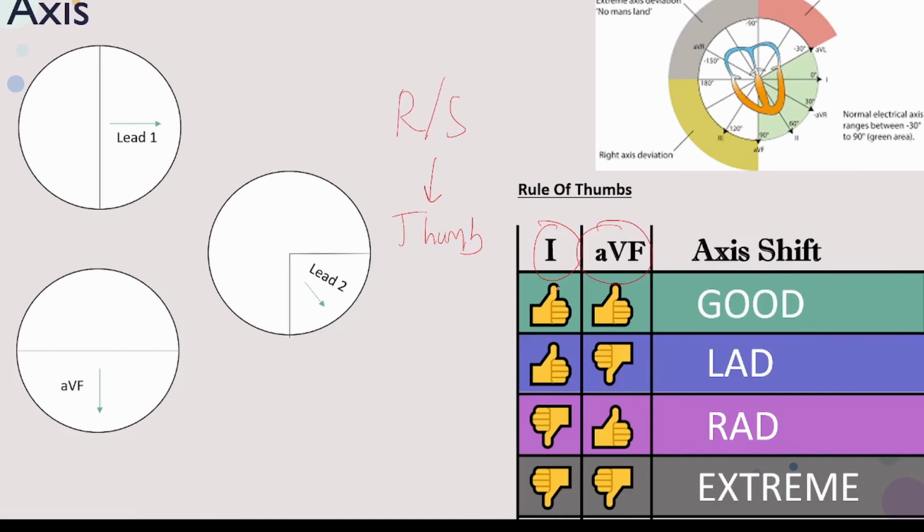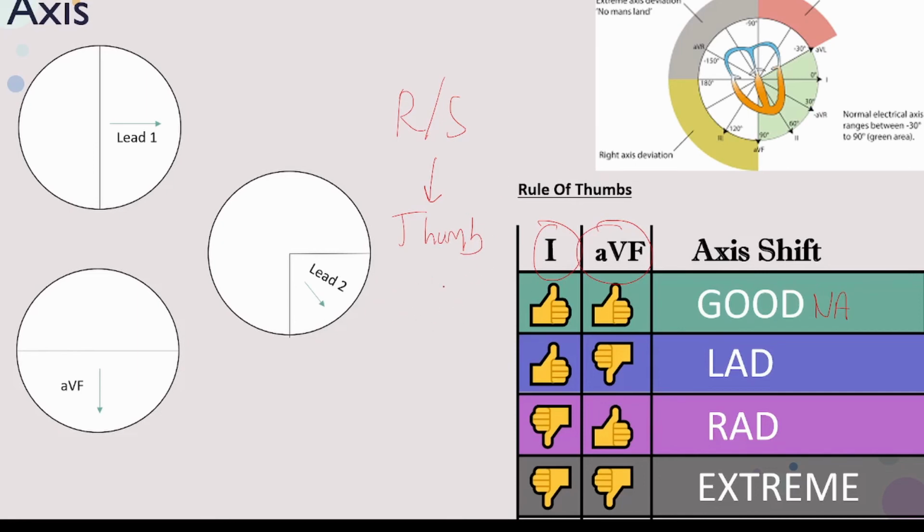Now, if you have two positive deflections in your leads, for mine, lead 1 and AVF, two thumbs up, if I give you two thumbs up, it means you're doing a good job. It means it's a normal axis. So if you have lead 1, a positive deflection, and AVF, a positive deflection, you have two thumbs up, and that's a good job. That's a normal axis.